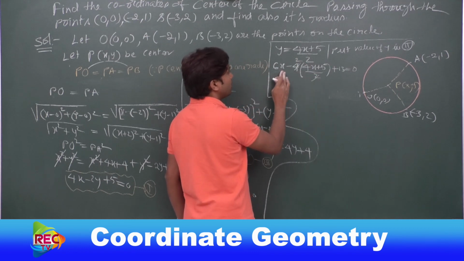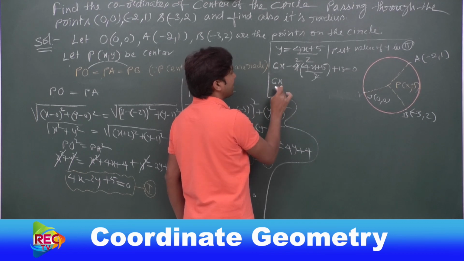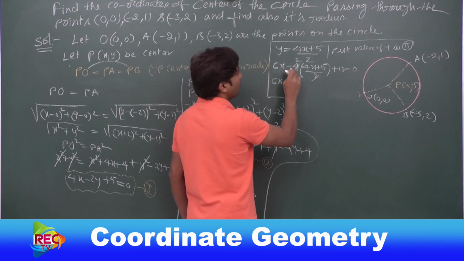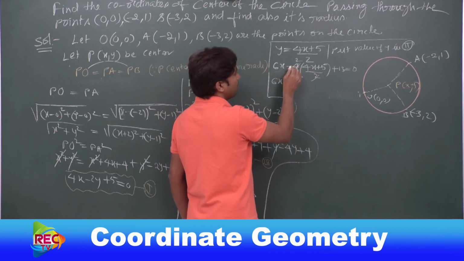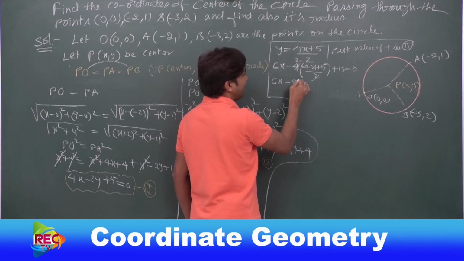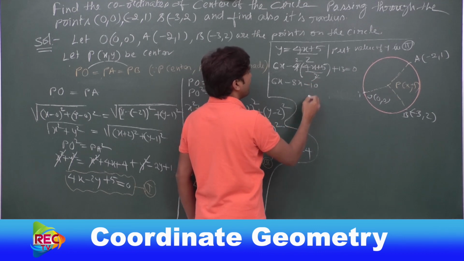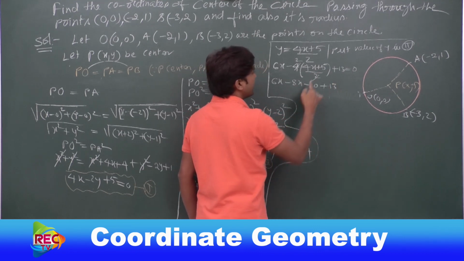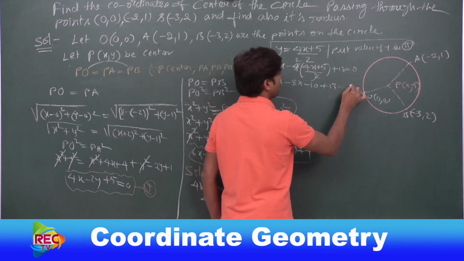Now in order to simplify this, write down this 6x as it is. For further simplification, multiply this minus 2 with the terms inside the bracket. Minus 2 into plus 4x would be minus 8x. Minus 2 into plus 5 is minus 10, plus 13, equal to 0.